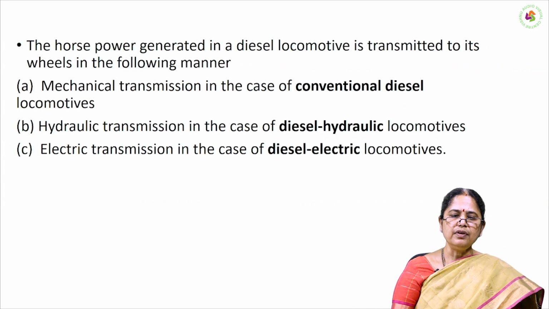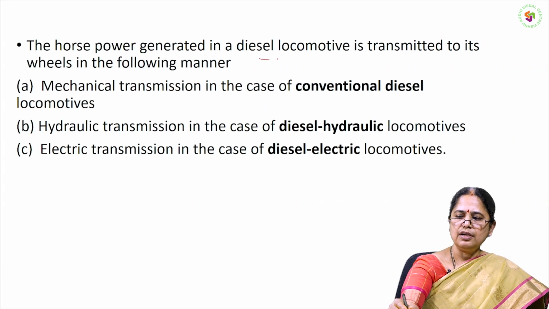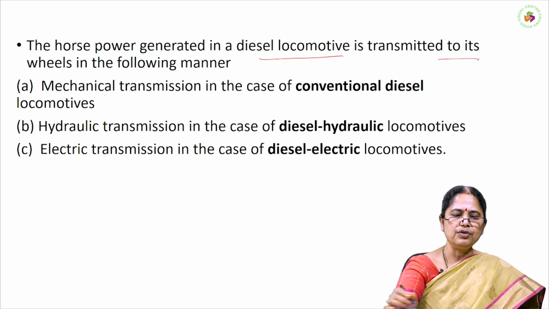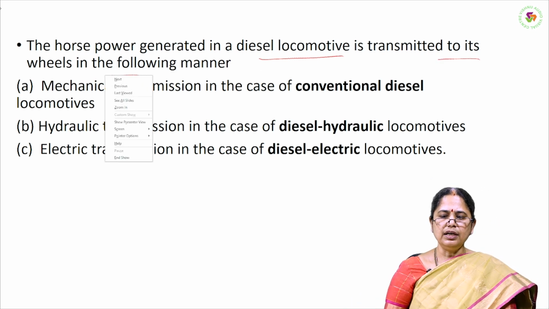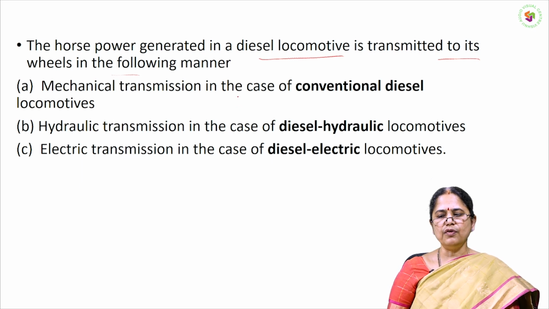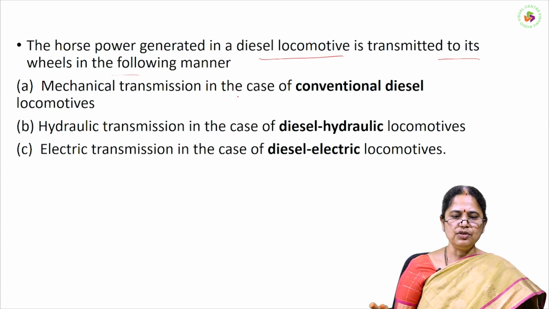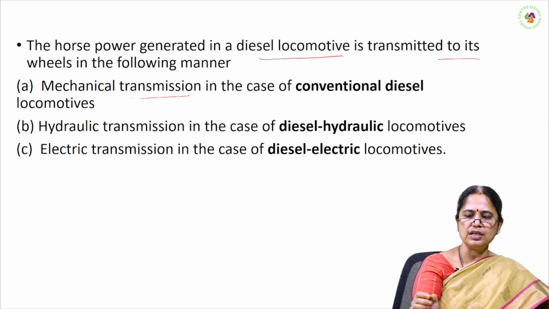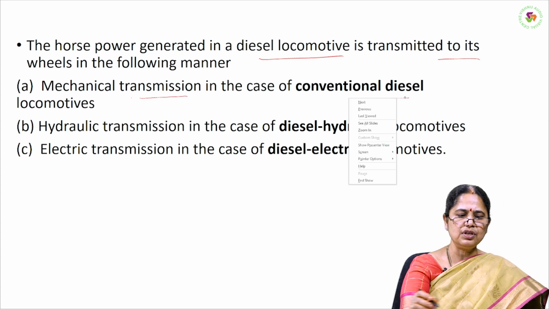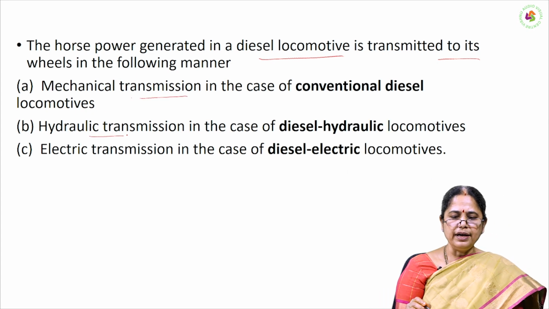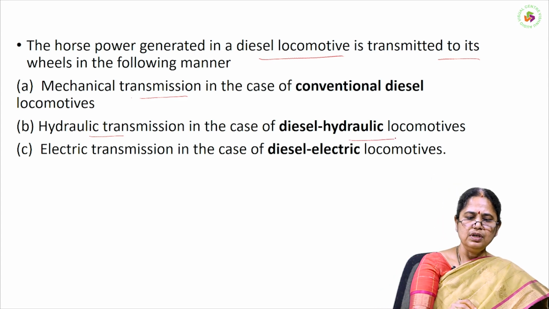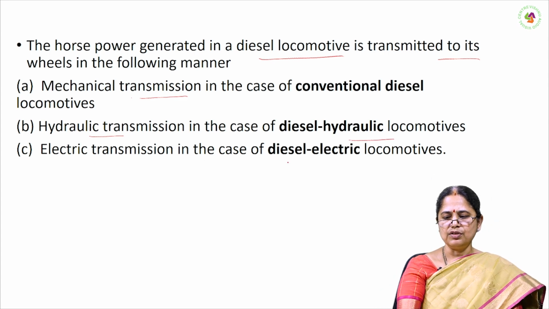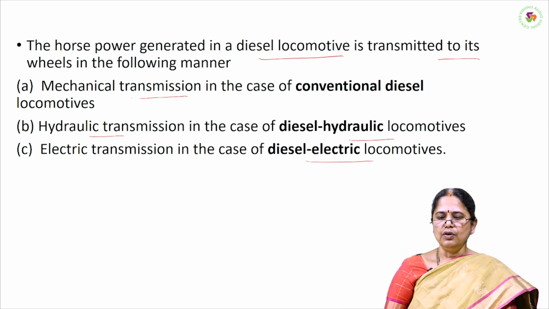The horsepower generated in a diesel locomotive is transmitted to its wheels in the following manner. So there are different types of locomotives, with different methods of movement of the diesel engine. The first one is mechanical transmission in the case of conventional diesel locomotives. Hydraulic transmission in the case of diesel hydraulic locomotives. Electric transmission in the case of diesel electric locomotives.